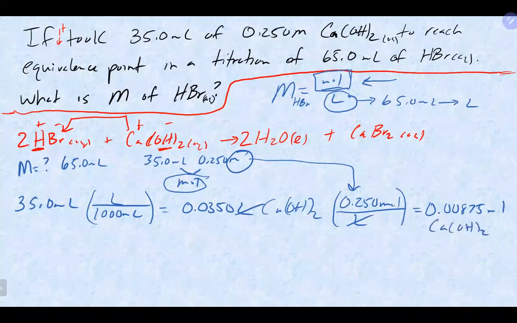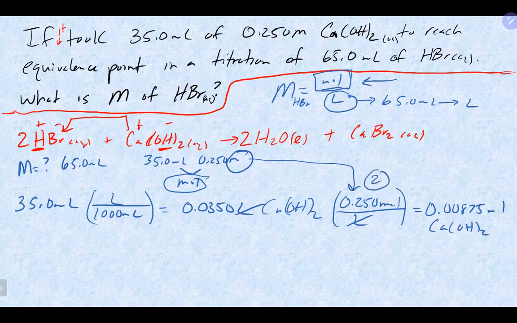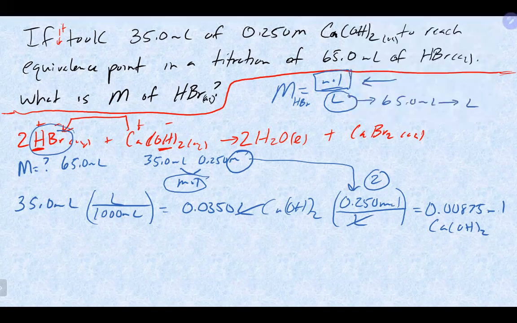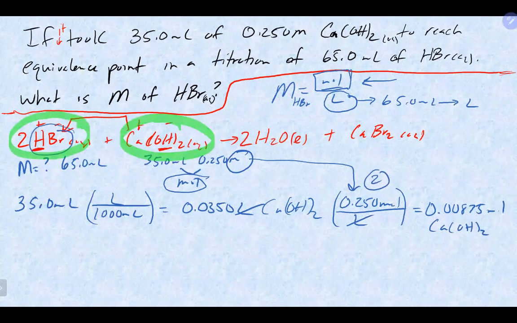So we're into sort of like the second step there of our stoichiometry problem. Remember, though, that we ultimately want to get to HBr to get the moles. So that is where the stoichiometry part is going to come into play. And looking at the equation, we can see there are 2 moles of HBr for every 1 mole of the calcium hydroxide.